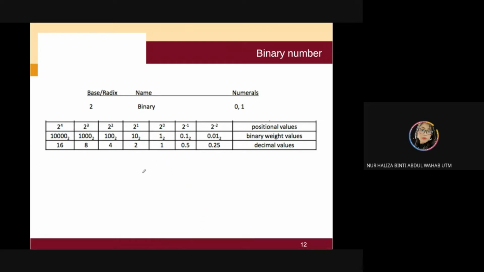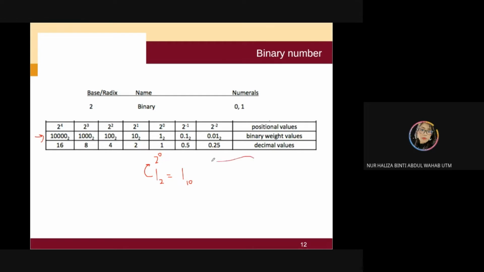I don't want to confuse you, so let's take a look at this first. Here is the representation of binary. You have 1 base 2. What happens is this one will be to the power of 0. To the power of 0 will be 1. So 1 times 1, you will get 1 in decimal.